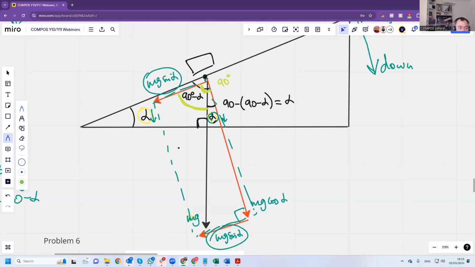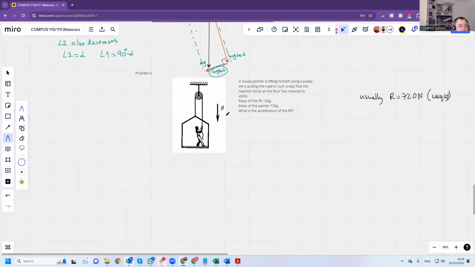So if we want to find this angle, we need to subtract 90 minus alpha from 90. So this is 90, 90 minus this angle, we get alpha. We get this.